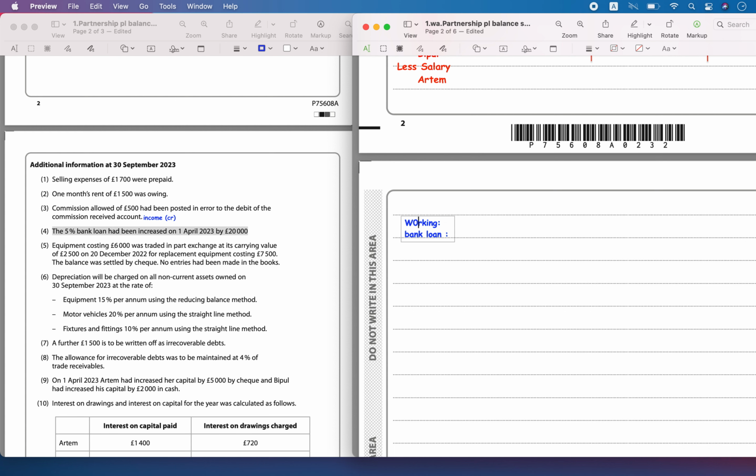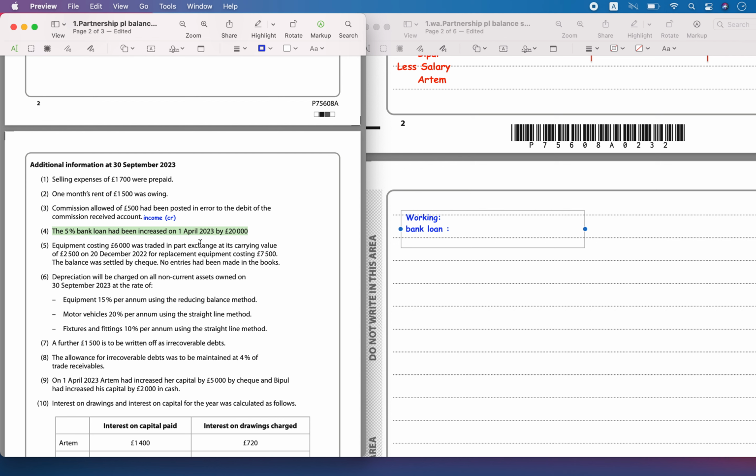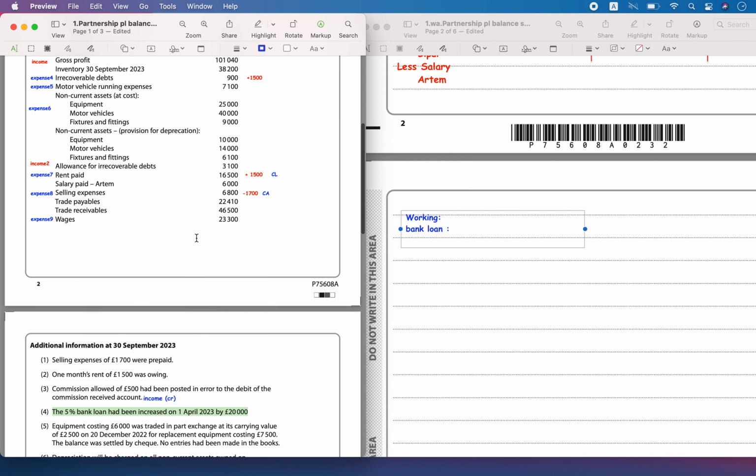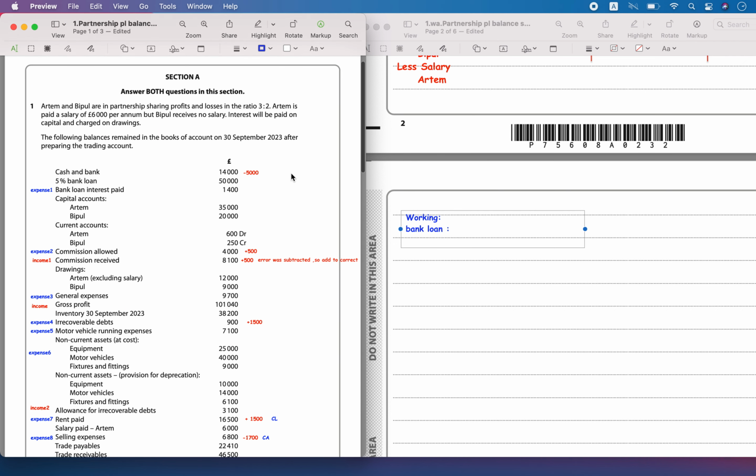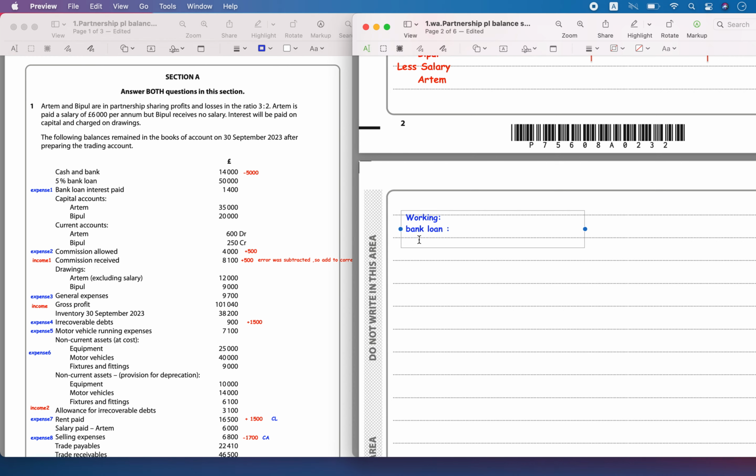From April to September, April, May, June, July, August, September, for 6 months, it had become 50,000. Earlier it must have been 30,000, right?